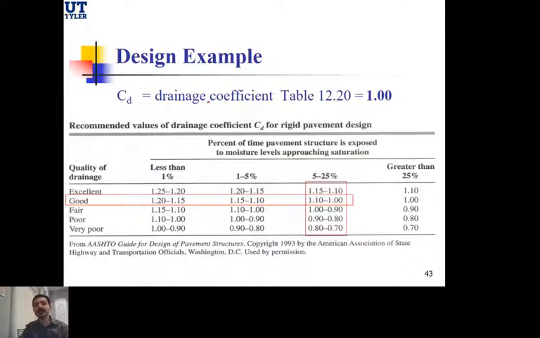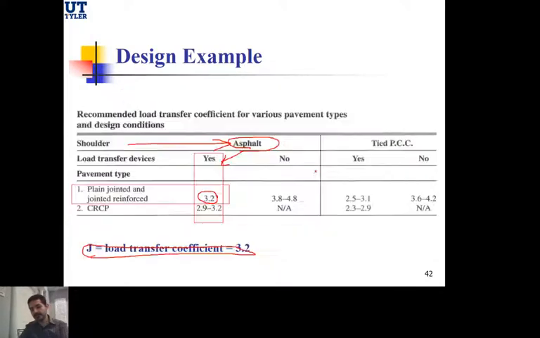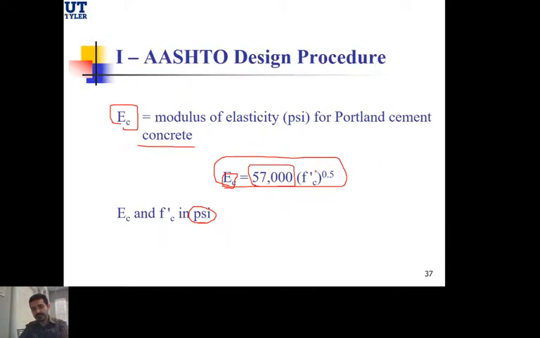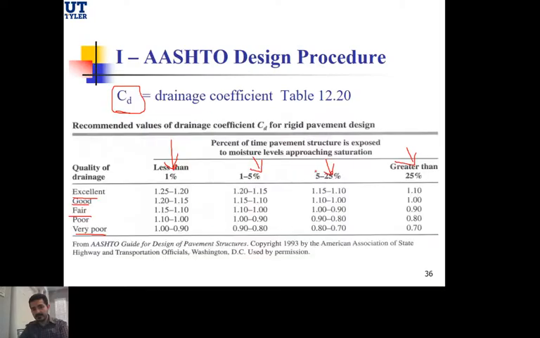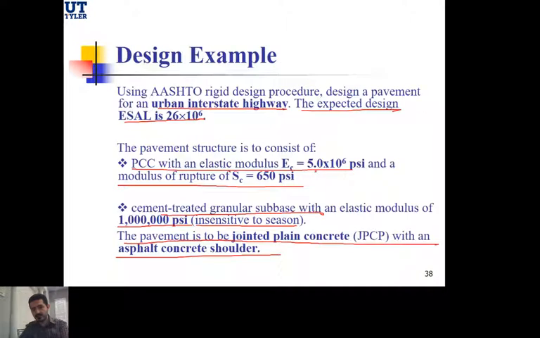Next, we need to pick the drainage coefficient. In this case, it was told in the problem that it's a good drainage coefficient. Let's revise and see here. We were told in the example, again, it's jointed plain concrete.